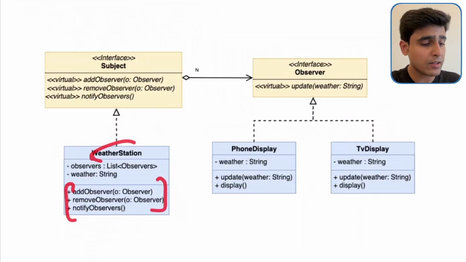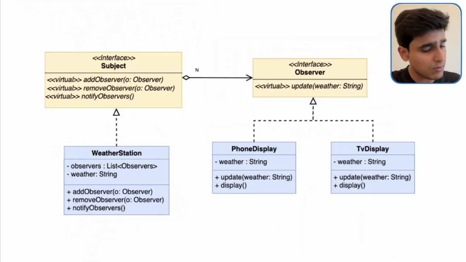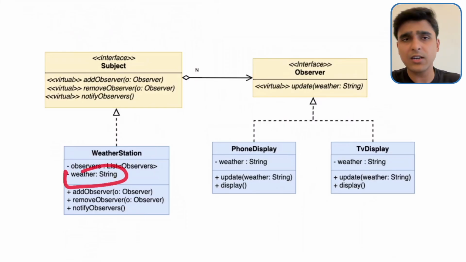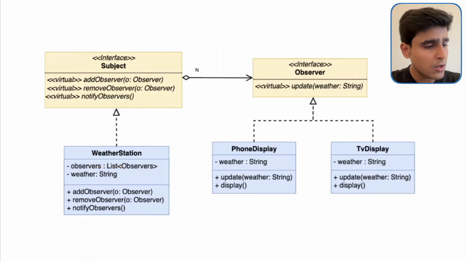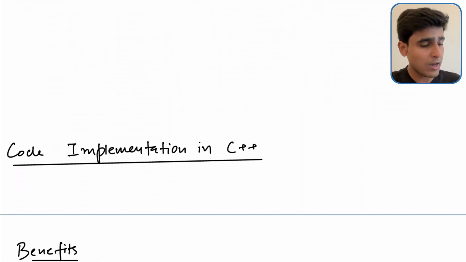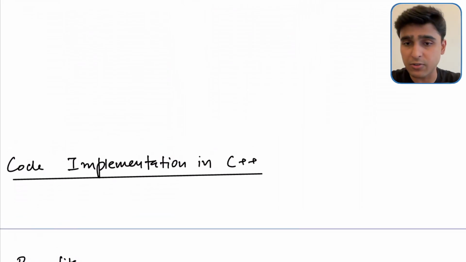So we create a weather station concrete subject which has all of these three functions, and it stores the observers list, as we can see, and it also stores the current weather information. This is how we are going to implement our observer design pattern. So now let's go to the code implementation.